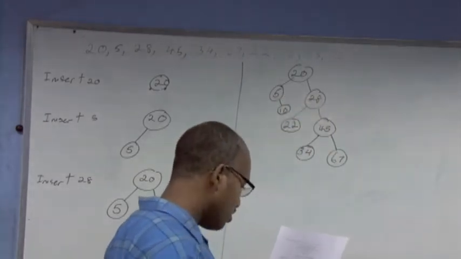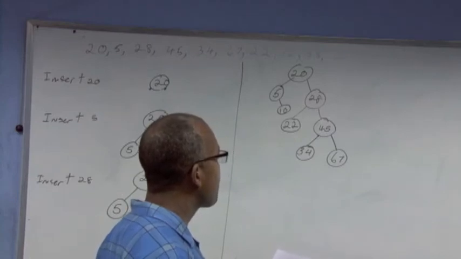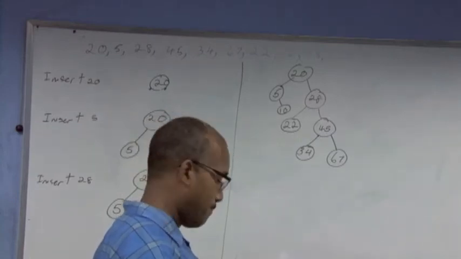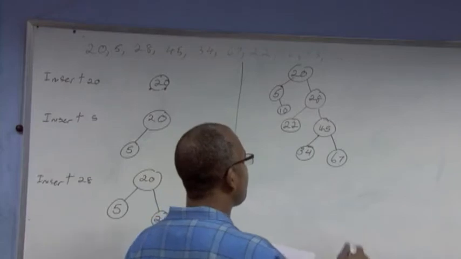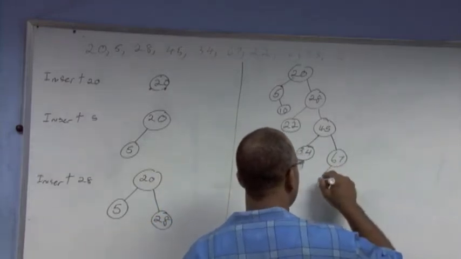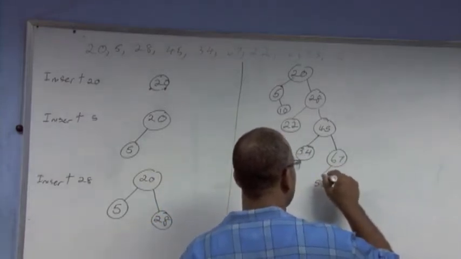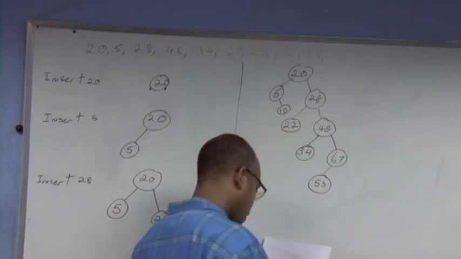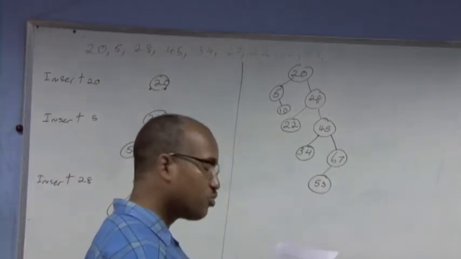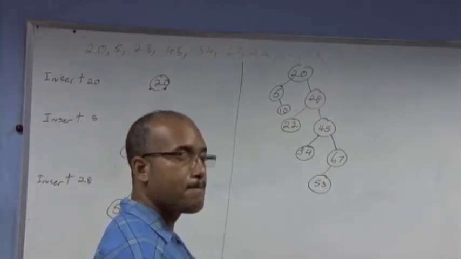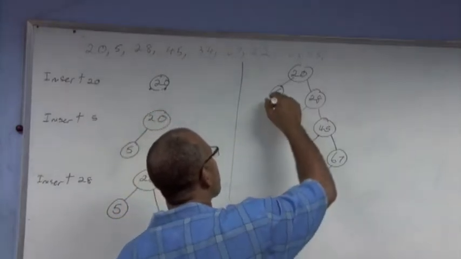Then we're going to insert 53, to the left of 67. Then we're going to insert 2, to the left of 5.